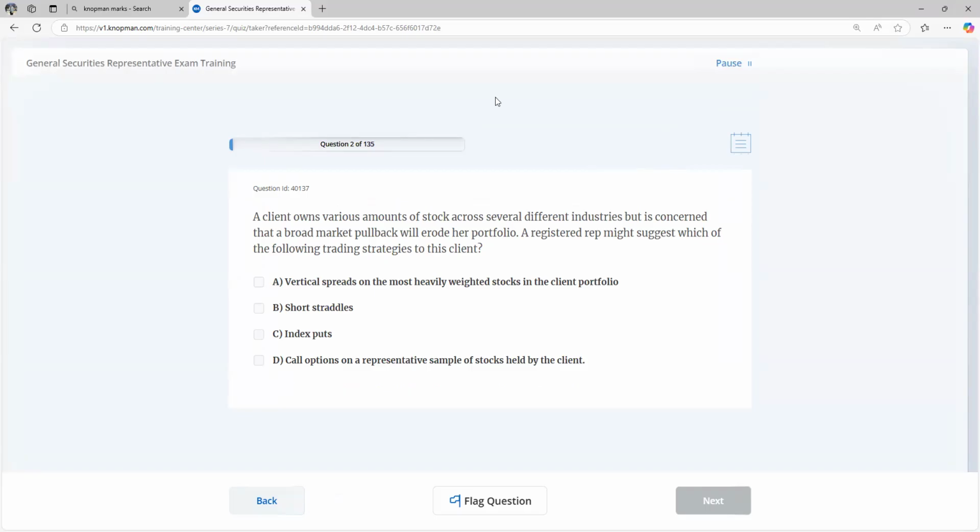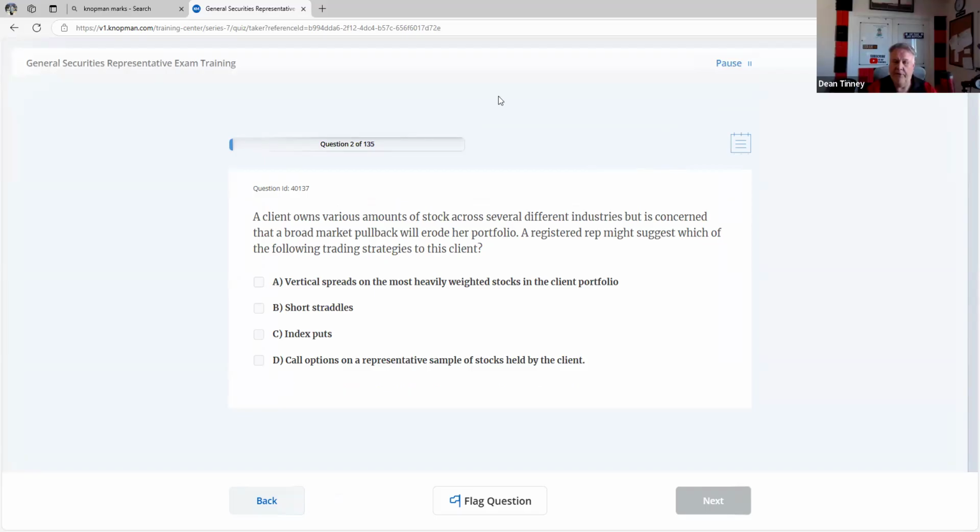I'm just trying to understand the question. So the client owns various amounts of stock across several different industries and is concerned about a broad market pullback. So that's the pivot.